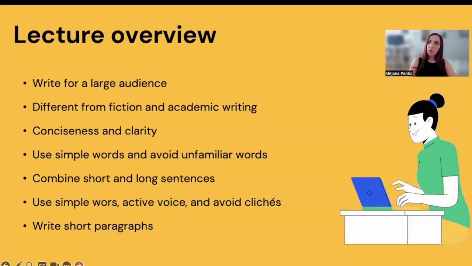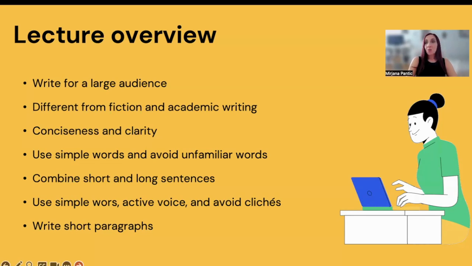So you need to make sure that everything you write is very simple and understandable, so your wide audience can understand you. This type of writing, journalism writing, is definitely different from fiction and academic writing. When we compare it to fiction writing, there is no fiction because journalism is a nonfiction type of writing.